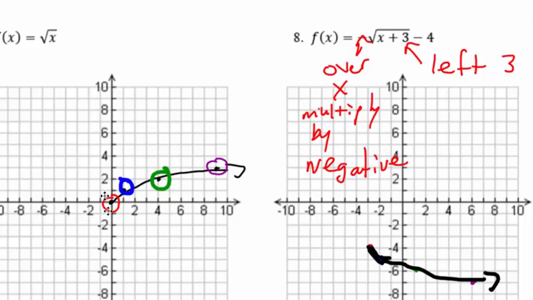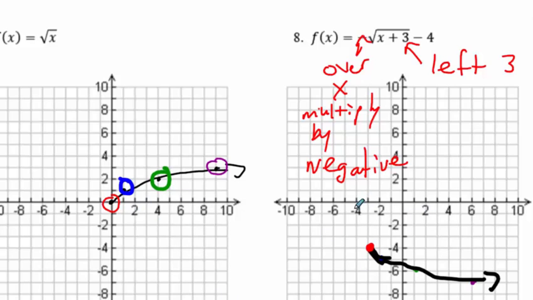All right, so here, if you got this right, let's look at this first red point. We know I'm shifting it over 3. So if I shift over 3, that point right there, and then reflect it over the negative, so it still stays there, but then move it down 4, we get to that point.